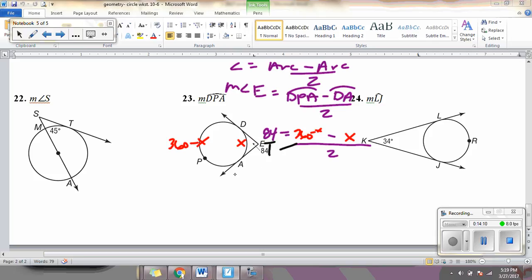So 360 minus X again is equal to 2 times 84, which is 168.